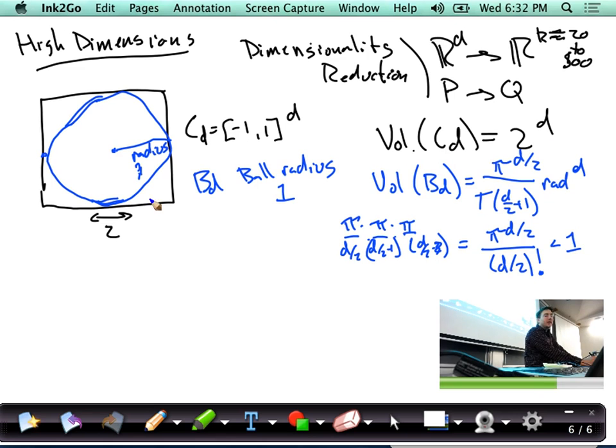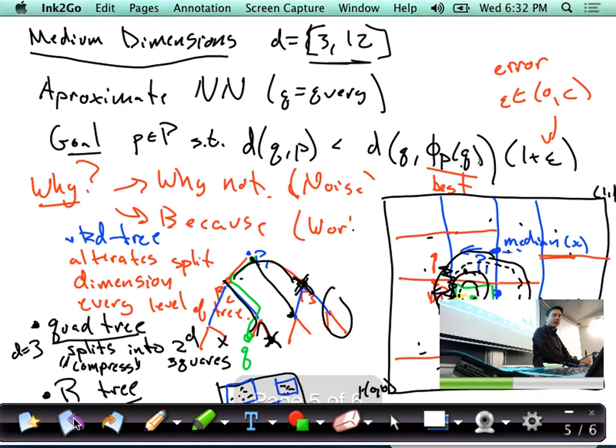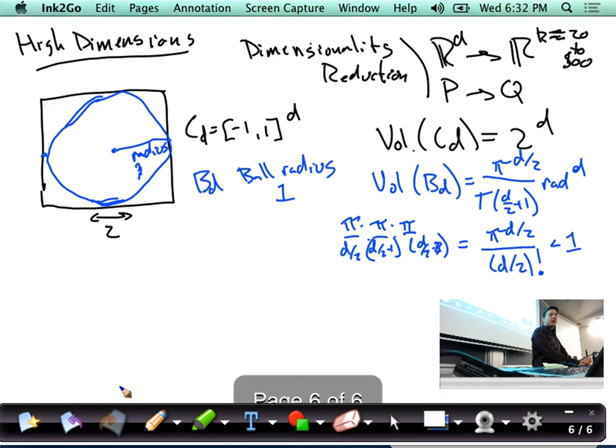That means the volume of the cube, as D gets bigger, is much more than the volume of the ball. This is the biggest ball I can fit inside the cube. We're talking about the Euclidean distance, and we talked about all these structures back here. Now, when you look at the ball and the cube, how do they correspond to each other?